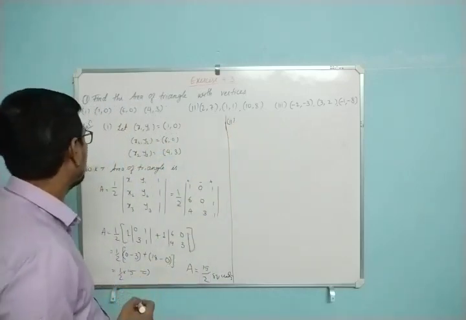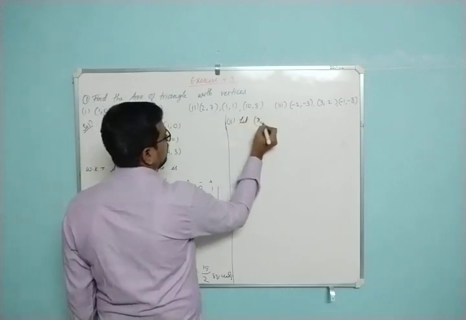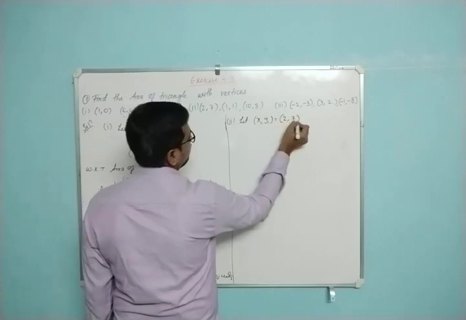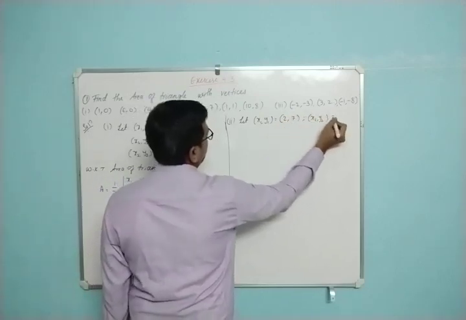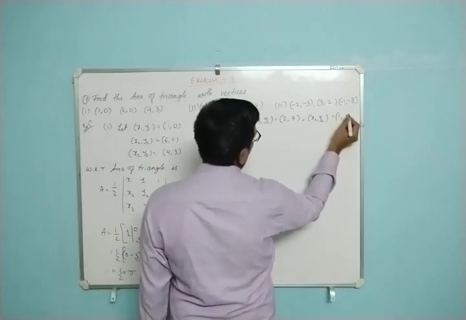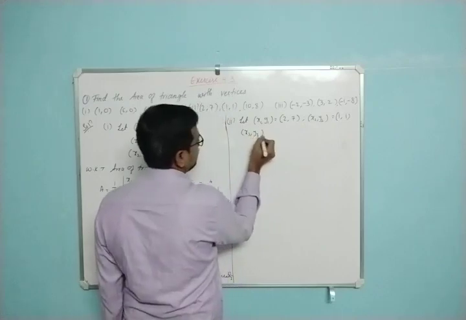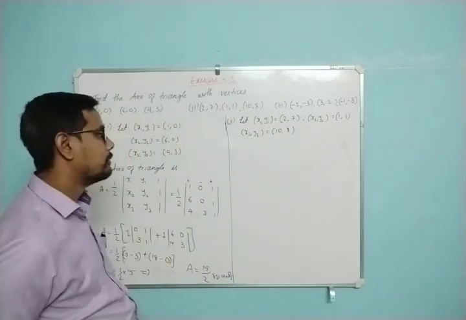Let x1, y1 be 2, 7, x2, y2 be 1, 1, and x3, y3 be 10, 8.